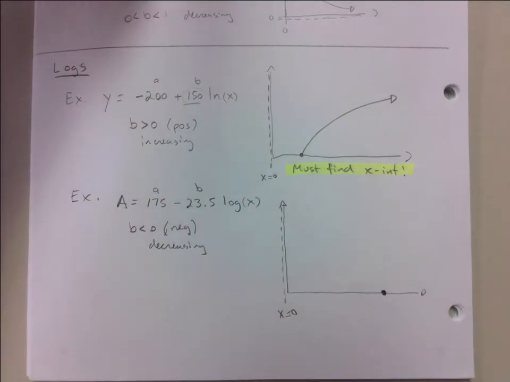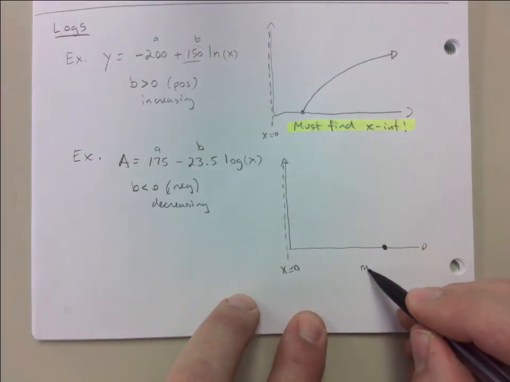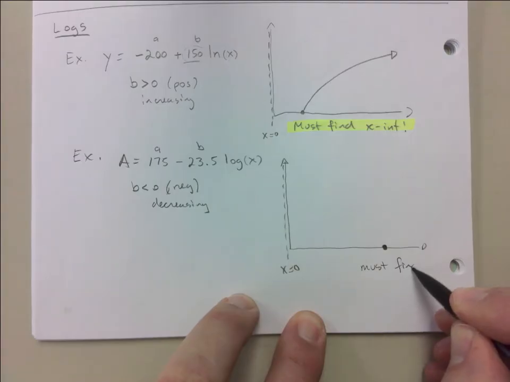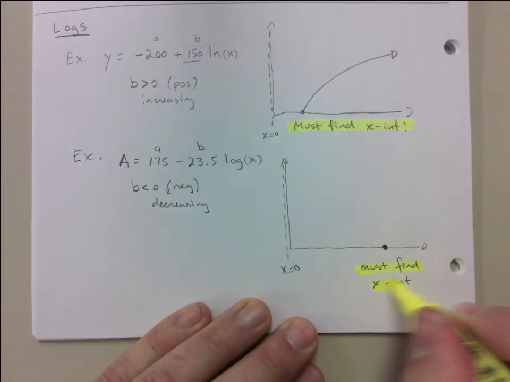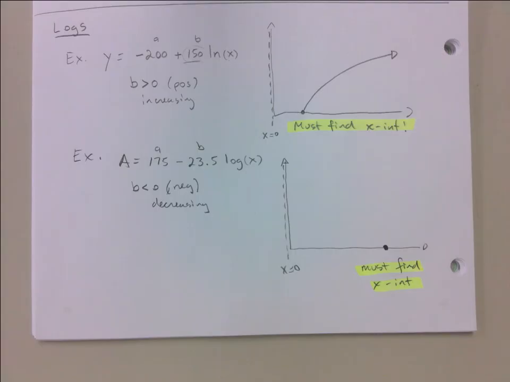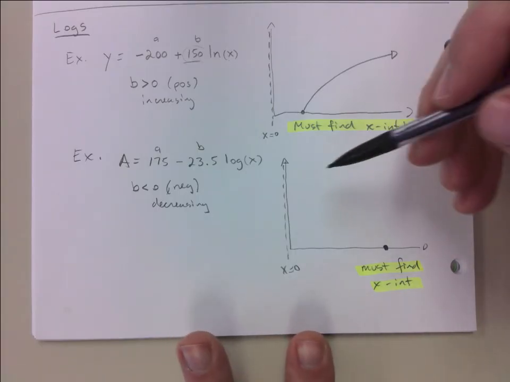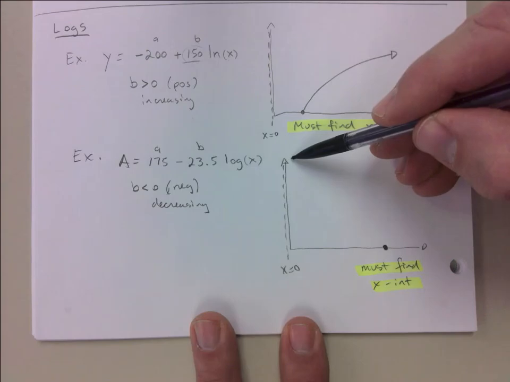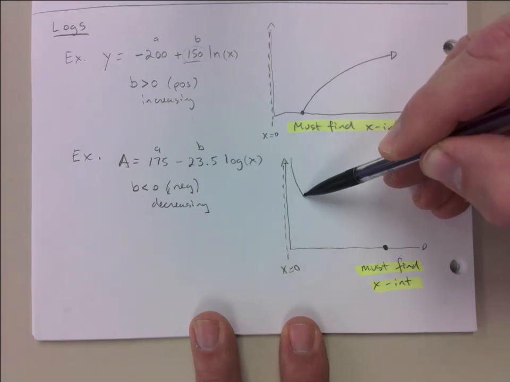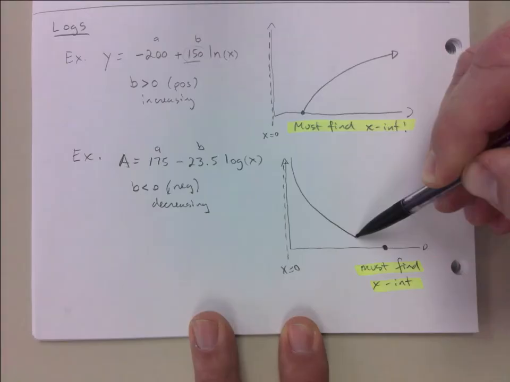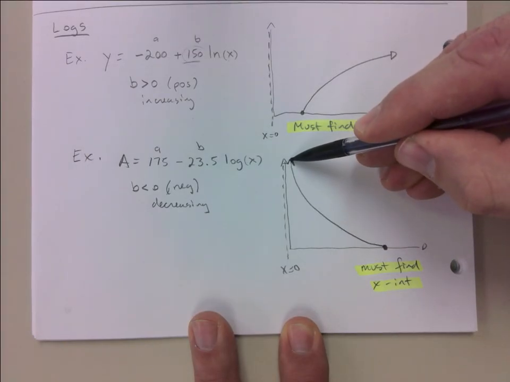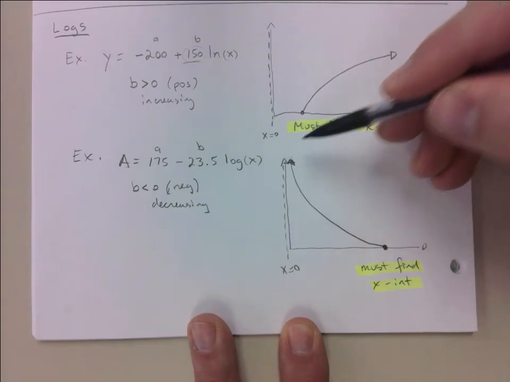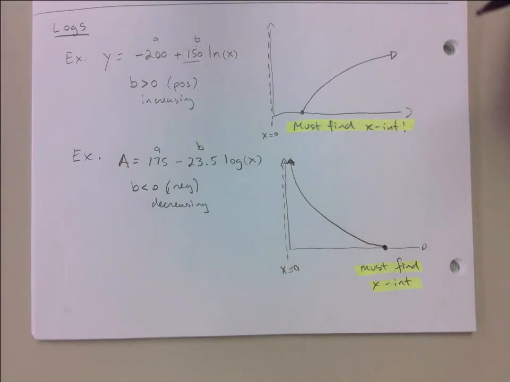Okay, so I'm going to put that down here. Must find x-intercept. So even if the question doesn't ask for it, you have to find it to give you a bit of a reference. Where am I going? And so this one will be coming in like this. It's decreasing over time, and it hits the x-axis there. Put an arrowhead here. This keeps on getting infinitely closer, but never touching your y-axis.